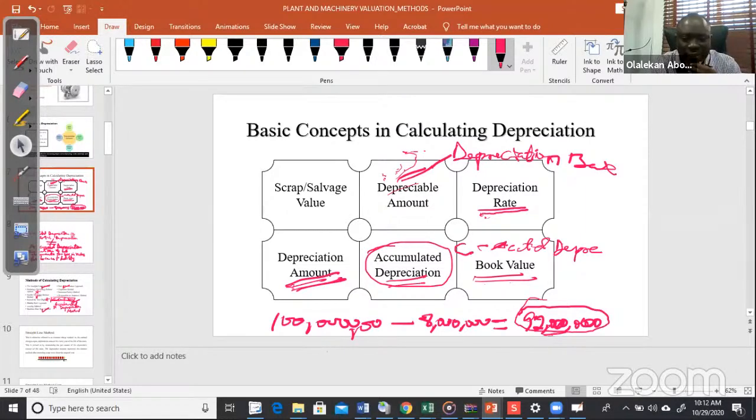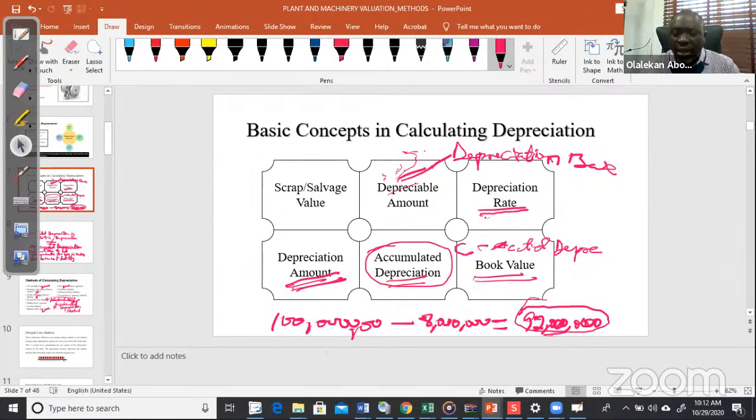Depreciation amount. Yes. The depreciation amount is the actual figure of depreciation that is charged, and it is usually yearly, and it can be per product if we get to other methods. So it's your depreciation rate multiplied by your depreciable sum or depreciable amount. That will give you your depreciation amount, which is otherwise called annual depreciation.